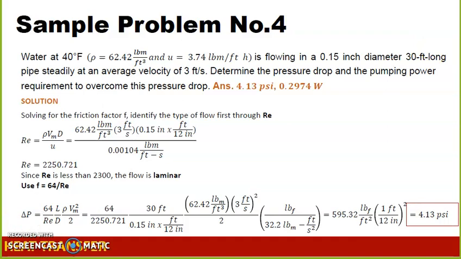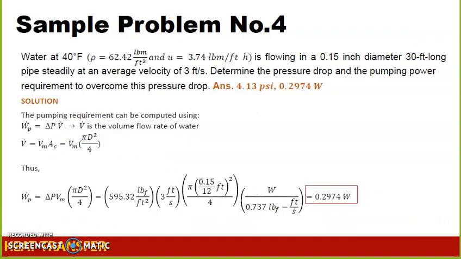And then for the power, we know that the pumping requirement can be computed when you have the volumetric flow rate. In thermodynamics, the symbol for that is Q, but to avoid confusion, Q is equal to AV. So now this is V dot.